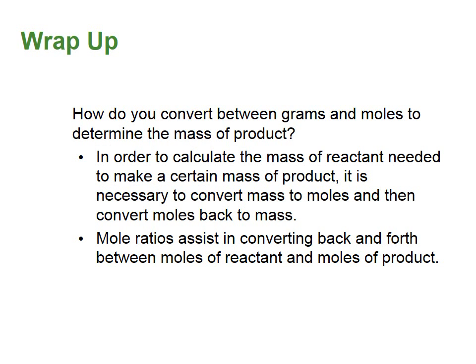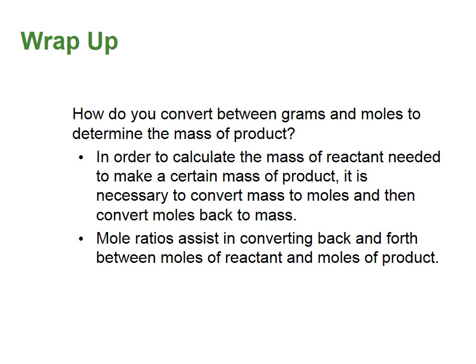Wrapping up this lesson, how do you convert between grams and moles to determine the mass of product? In order to calculate the mass of reactant needed to make a certain mass of product, it is necessary to convert mass to moles and then convert moles back to mass. Mole ratios assist in converting back and forth between moles of reactant and moles of product.